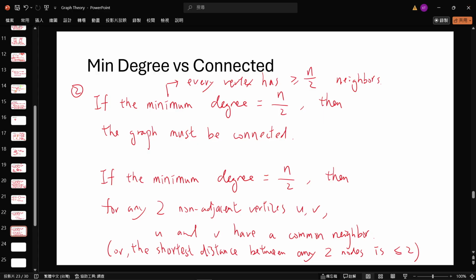There's a relationship between minimum degree and distance.